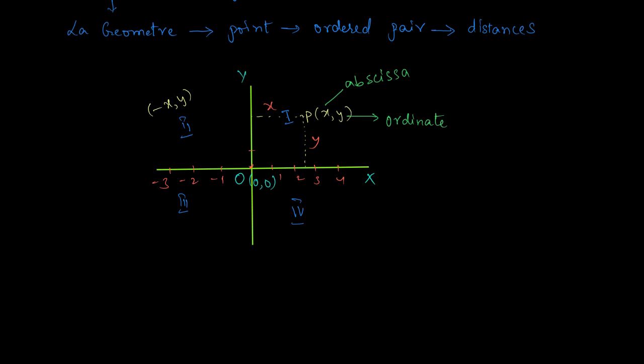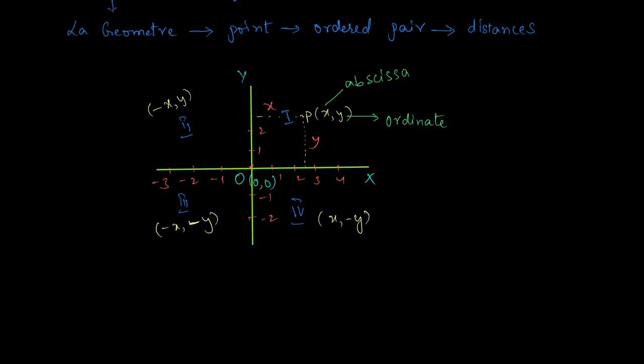Similarly, above the origin on the y-axis we will have positive numbers 1, 2, 3, and below the origin on the y-axis we will have negative numbers. Therefore, in the third quadrant, both x and y coordinates will be negative. Coming to the fourth quadrant, x will be positive and y will be negative.